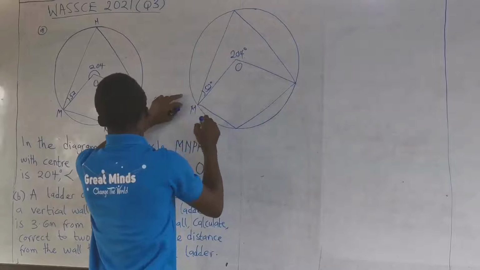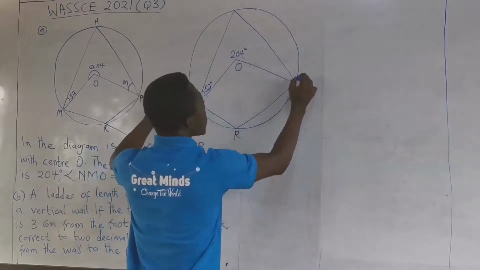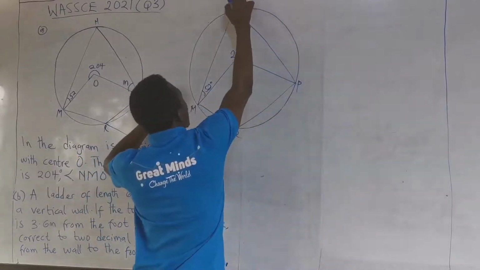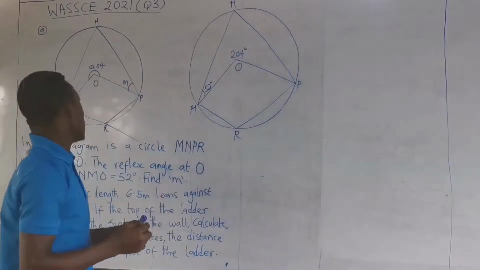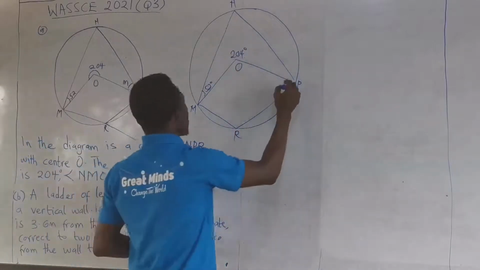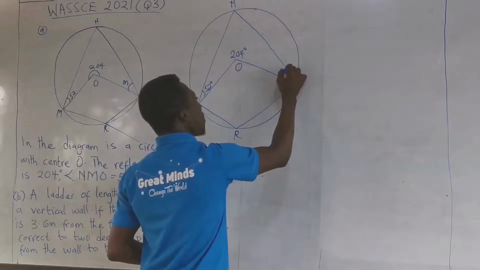We have O, M, R, P, and N here. So let's see how we solve for the value of n degrees.